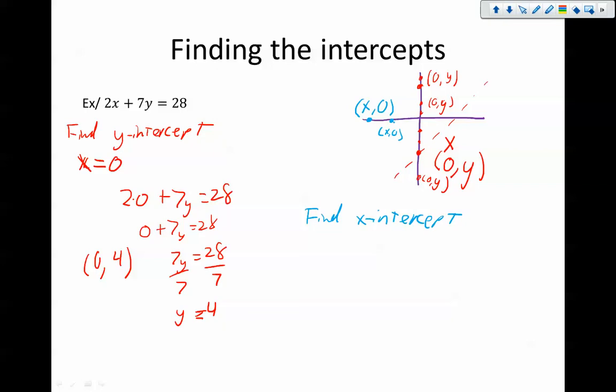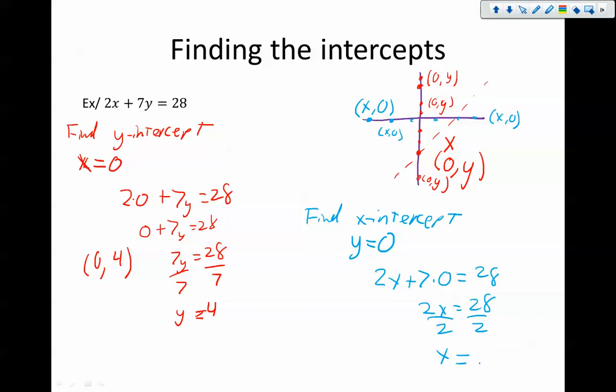I don't know the x value, because it's something negative, but I know that the y value is 0. All of these points are some x, 0. In other words, to find the x-intercept, I plug in 0 for y. So what I get is 2x plus 7 times 0 equals 28, or 2x equals 28. Dividing both sides by 2, I get x equals 14.